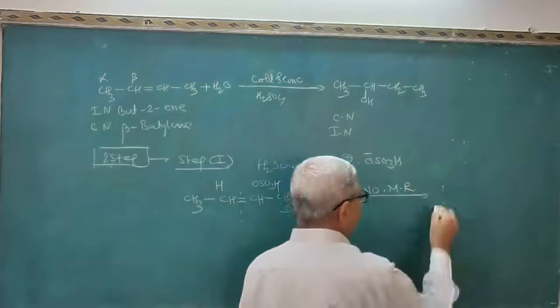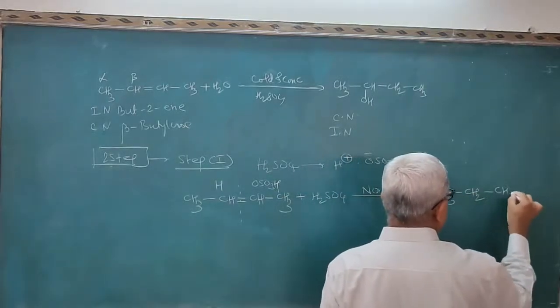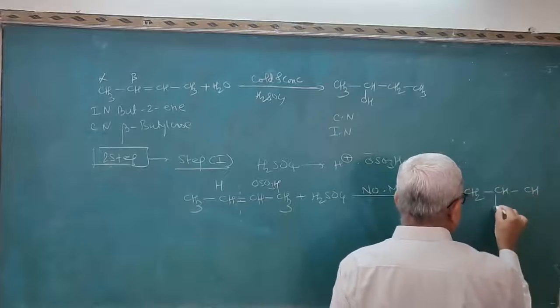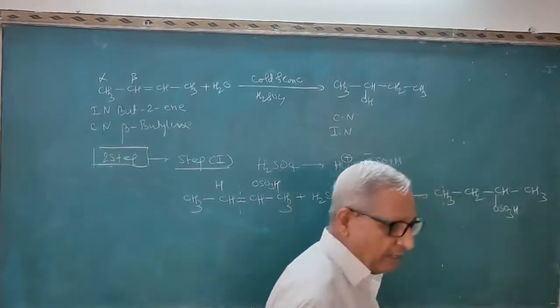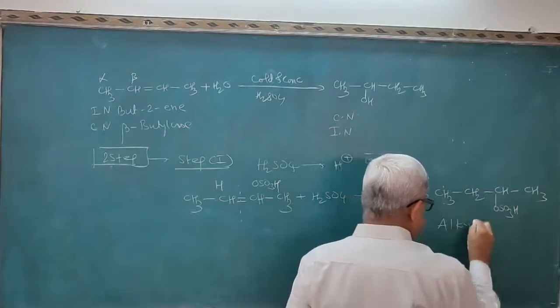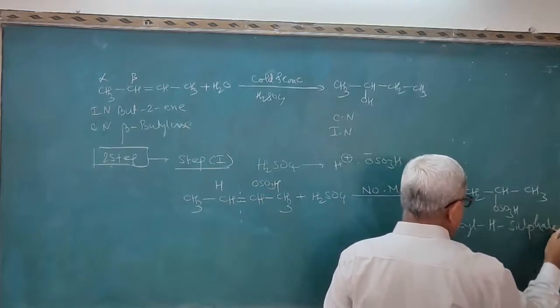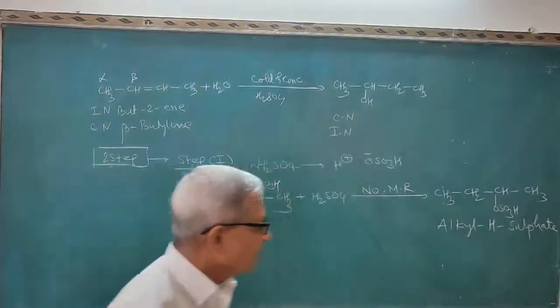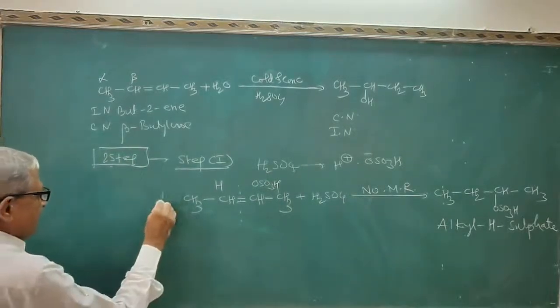So what will you get here? CH3, CH2, CH, OSO3H, CH3. This is known by the general name alkyl hydrogen sulfate. Now this is your first step.